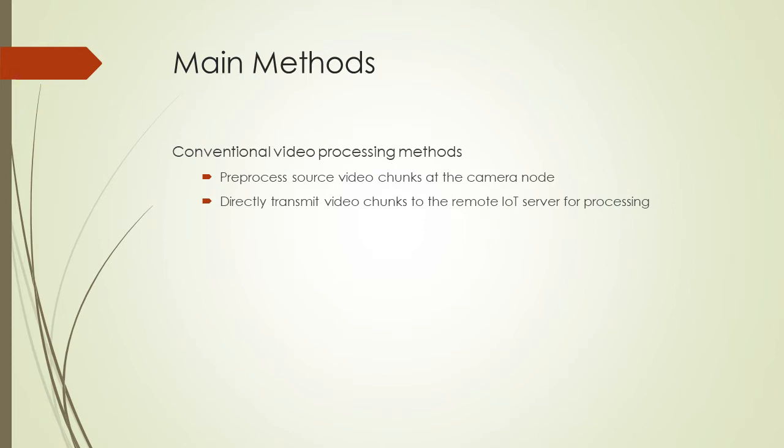Video pre-processing, such as extracting features from video frames, would reduce the amount of data to be delivered to the remote IoT server when a transition from the pixel domain to the feature domain is performed. The original source video can be delivered to the IoT server later if needed. The second one is to directly transmit video chunks to the remote IoT server for processing.